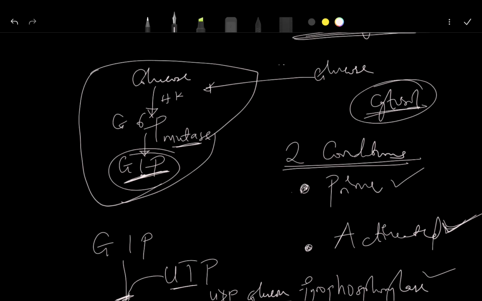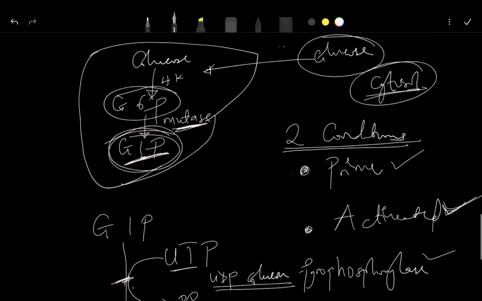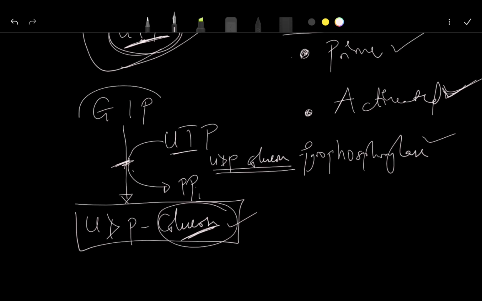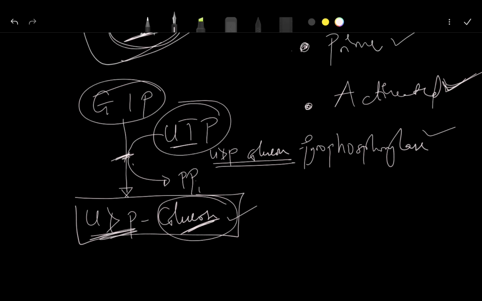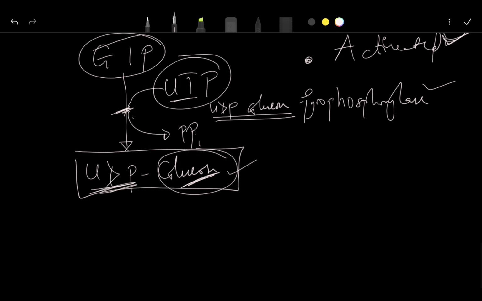So glucose enters the cell and gets converted to glucose 6-phosphate. Then it's converted to glucose 1-phosphate by a mutase because we want to synthesize, we don't want to break down. Now that you've gotten glucose 1-phosphate, you need to activate it using UTP, and we got UDP glucose. Now the next thing is to ensure that our primer is available.